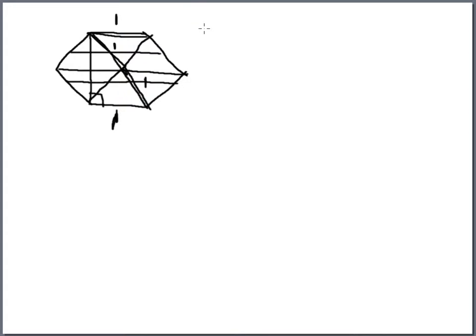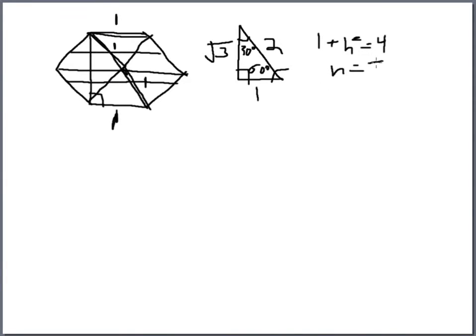So now this shows that this is going to be root 3 because this is a 30, 60, 90. Or you could just use the Pythagorean theorem, so 1 plus h squared is equal to 4, so h is equal to the square root of 3.